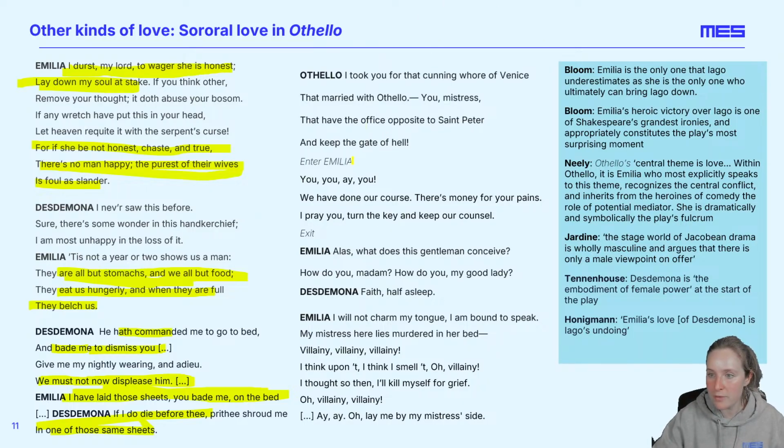Again, this cunning whore of Venice scene, with Othello saying Emilia is this pimp of Desdemona's, and Emilia being shocked about this and trying to comfort her, saying, what on earth is he talking about?